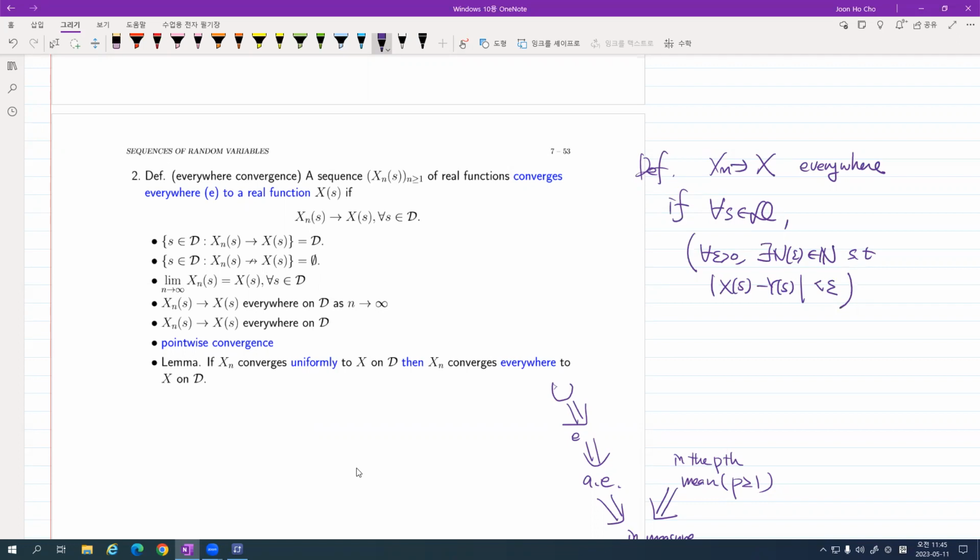Then what does this mean? You choose s first, and then you choose epsilon. And since you have chosen s, this one is simply x_n and y. Given s, this is just a sequence of real numbers, no function at all, right?